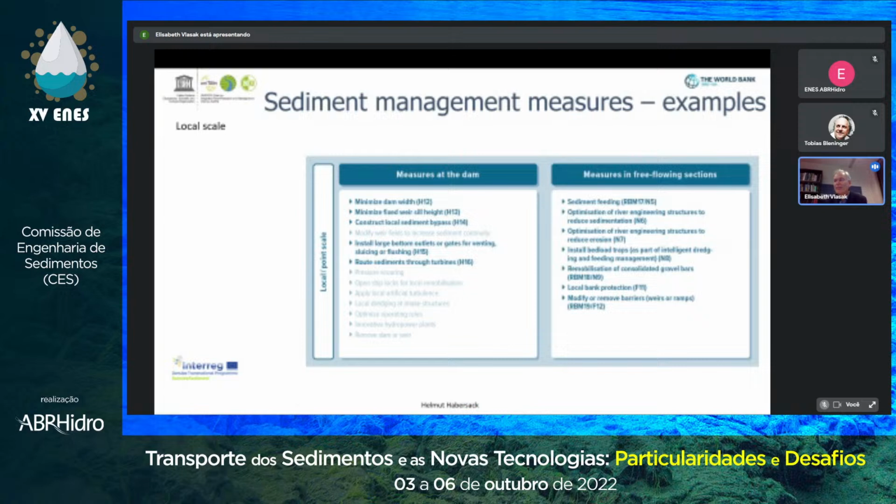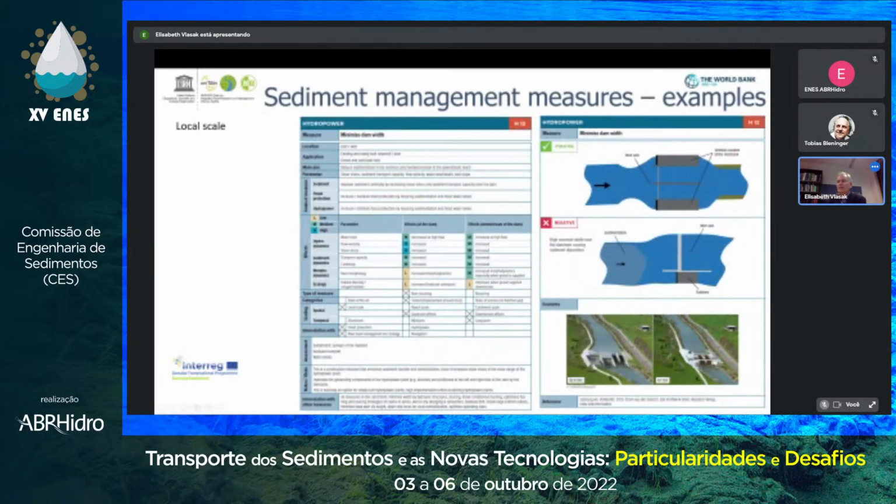Now we go from the reservoir to the dam, so to the local scale. Some examples here, looking at the pictures. You have a runoff scheme, a small hydropower plant, not too small, but smaller. Normally, we would have this configuration: the powerhouse somewhere, sometimes at the dam even sluices for the ships, or the weir fields on one side.